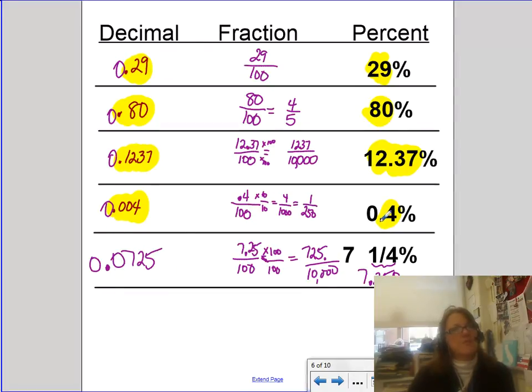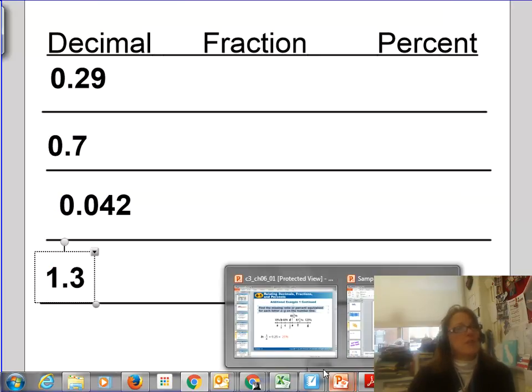This one was in front of the 4, and we go 2 spots to the left. This was between the 2 and 3, and now we're 2 spots to the left. 80 goes 2 spots to the left. 29 is now 0.29, 2 spots to the left.